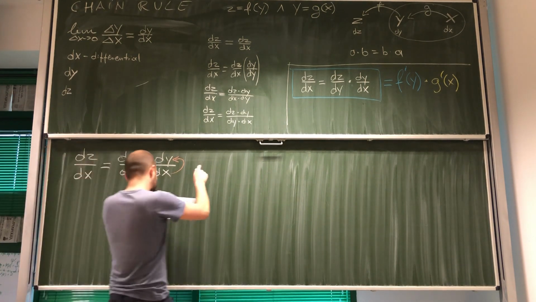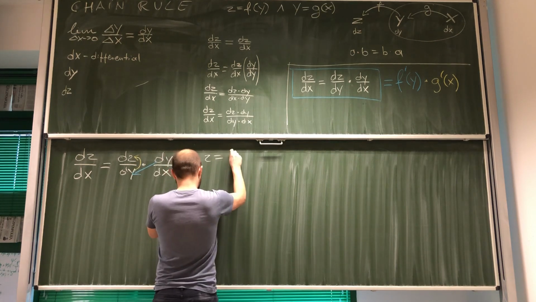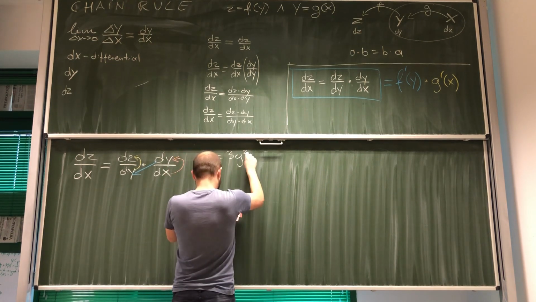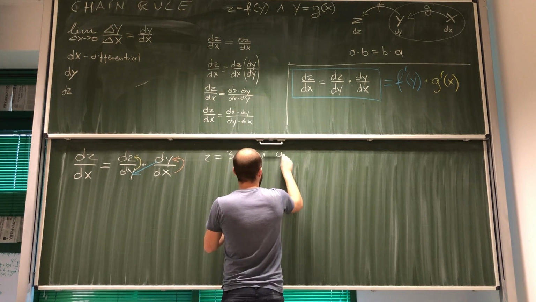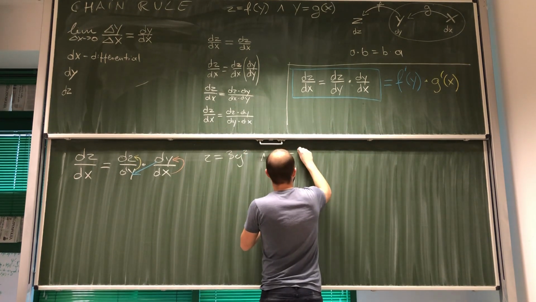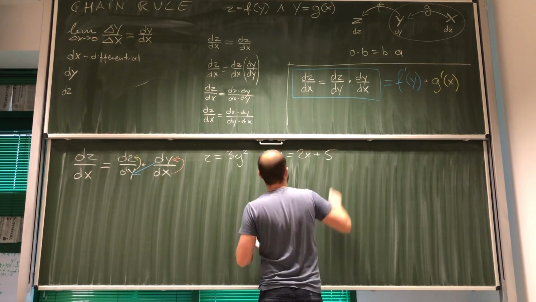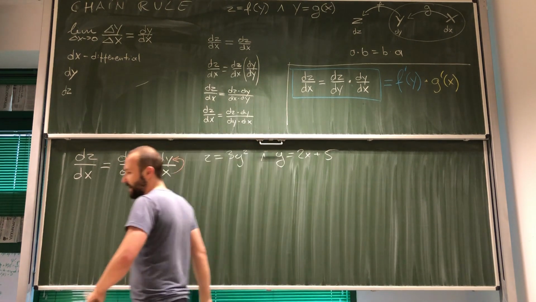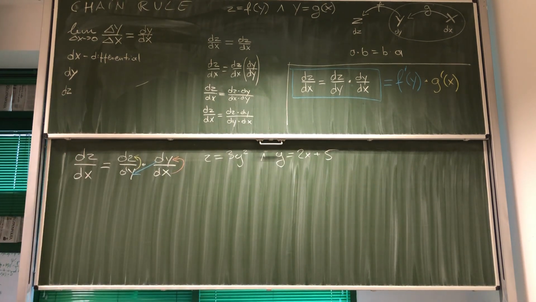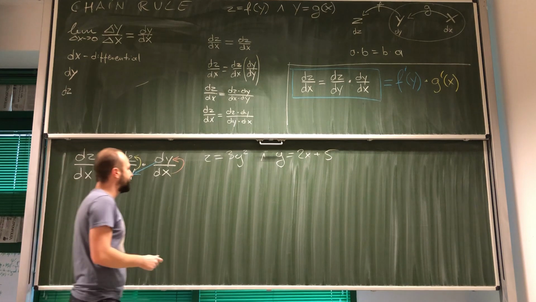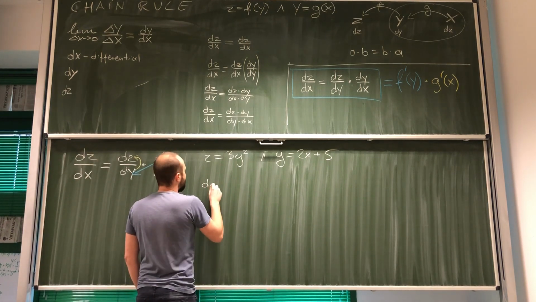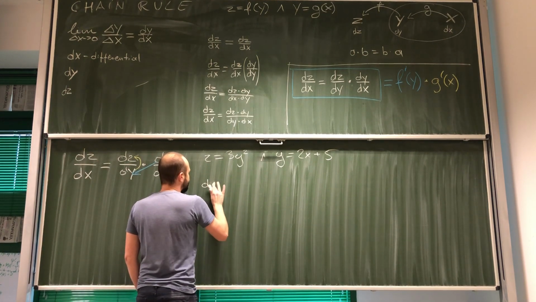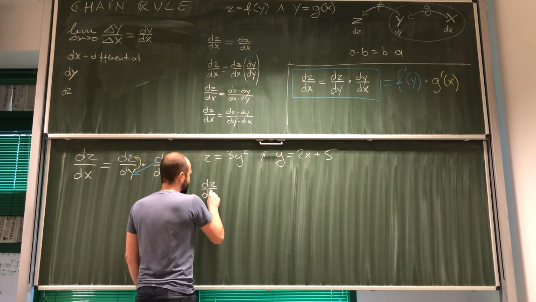Let's just say that we've got a function z equal to 3y squared, and we've got a function y equals 2x plus 5. What we are interested in is to find derivative dz/dx.